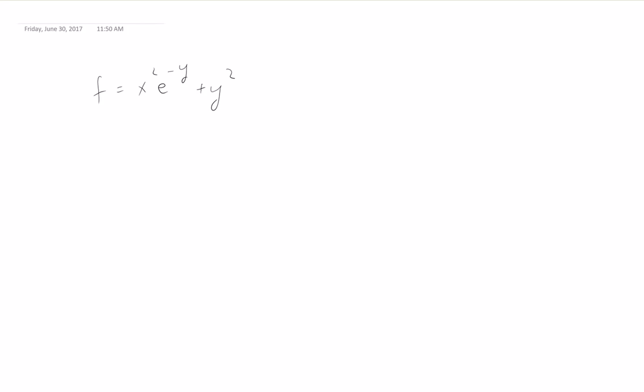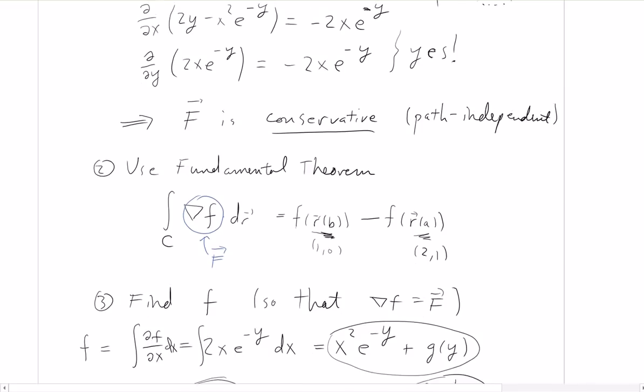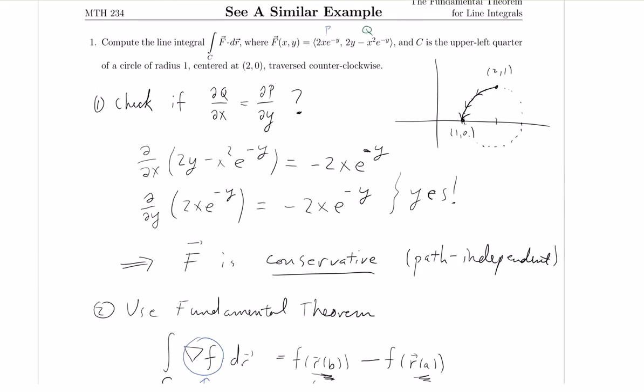Now let's go back and use the fundamental theorem. Since big F is the gradient of little f, the fundamental theorem tells us that it's little f of the endpoint, which, if we look back at our picture, was 1, 0.